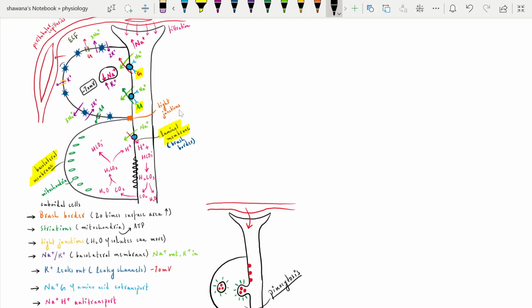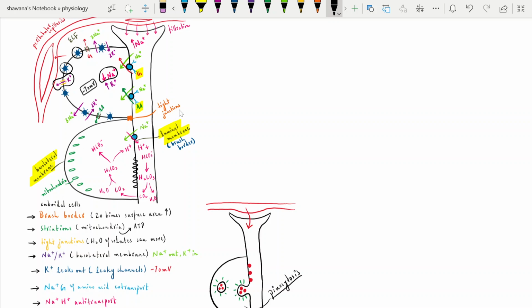These are the sodium potassium ATPases on the basolateral surface of the cells, and these constantly pump sodium out and potassium into the cell against their concentration gradient by the primary active transport mechanism. And in this condition, the sodium concentration inside the cell decreases and potassium concentration starts to increase, and there are some leaky channels for the potassium, and the potassium starts to leak from these leaky channels.